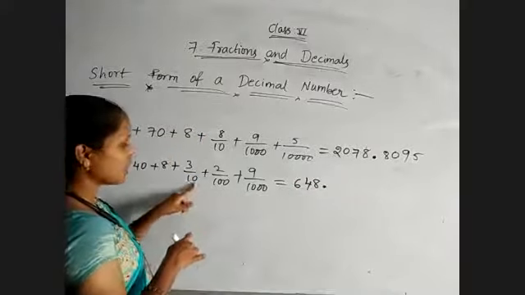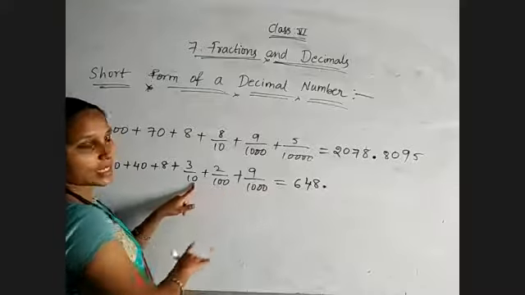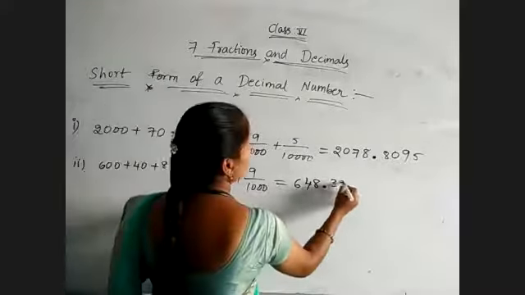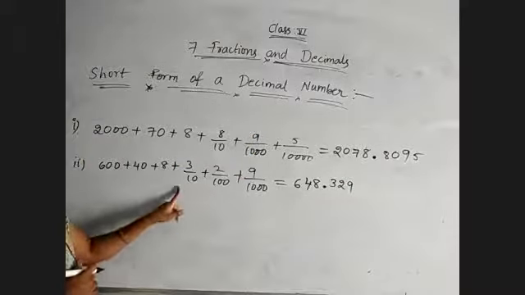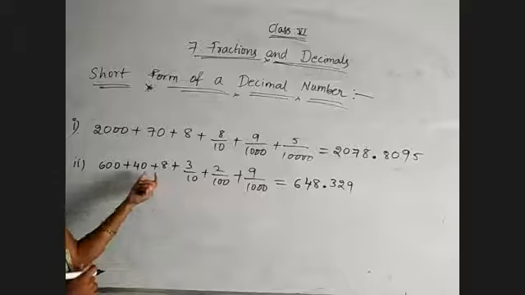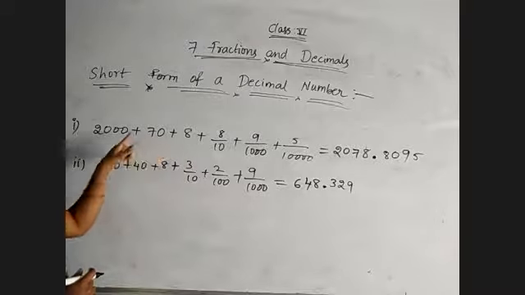After the point, 3 is in tenths place, then hundredths place, thousandths place. Every place is there, that is 3, 2, 9. This is correct. Here every digit is there for each place value, whereas in the earlier example the hundreds digit was not there.